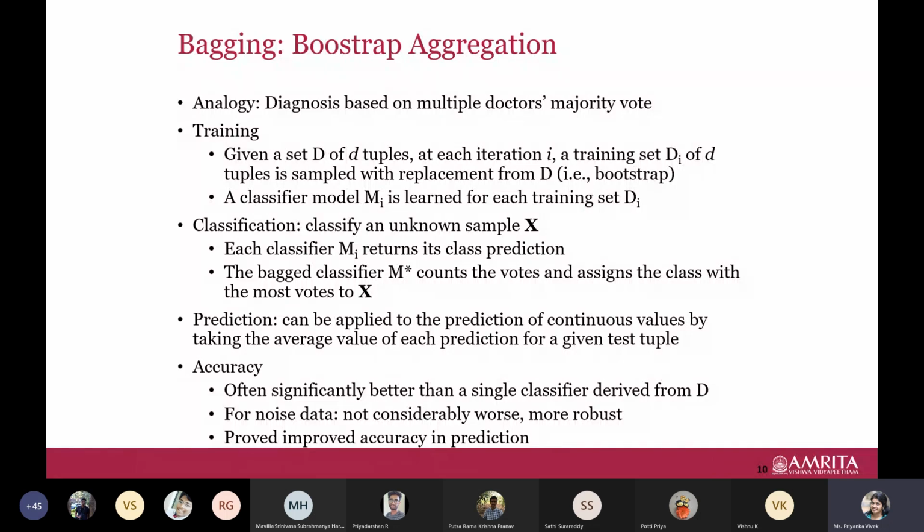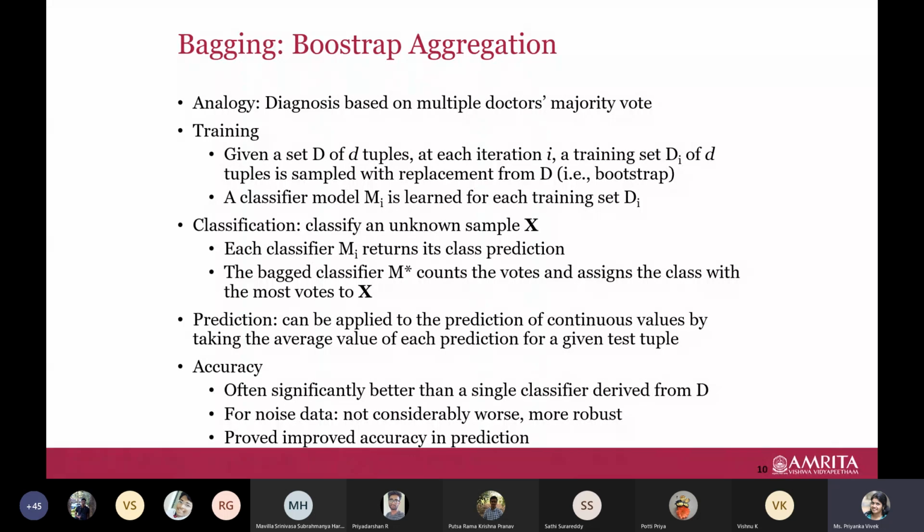That is, we have certain training tuples, we generate different models, and then based on voting, if the majority of the models have predicted yes, then we say the class is yes. So let us see how it works. In training, given a set of D tuples, in each iteration it is sampled with replacement.